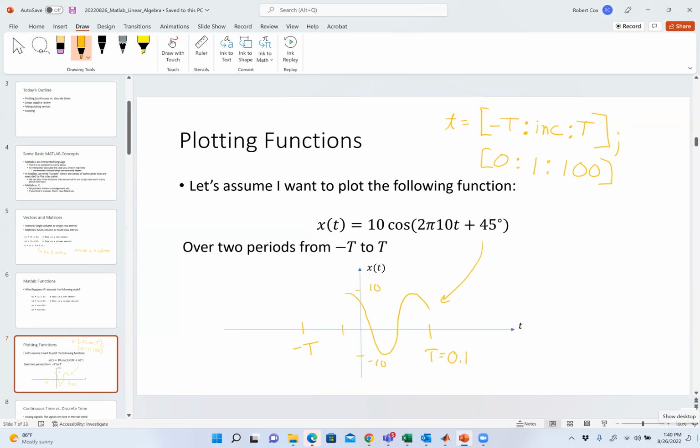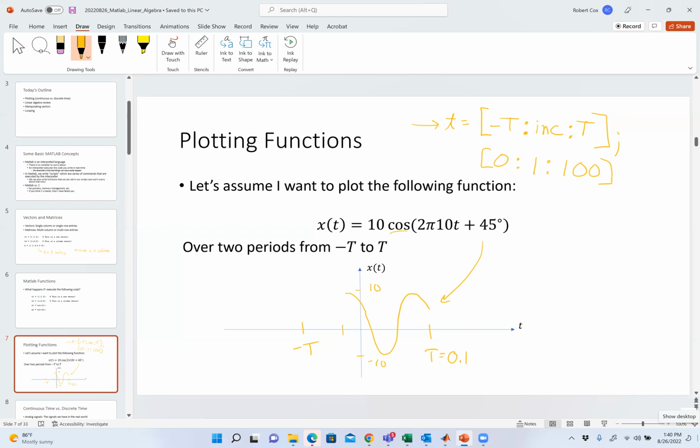So what I've got to do is, when I'm making a graph, I'm trying to create a function, and I want that function to be representative of what it would really look like in the real world. So it's really 2 steps. I've got to create a time vector, and then I've got to plug that time vector into the cosine function to make the vector that I'm trying to plot.